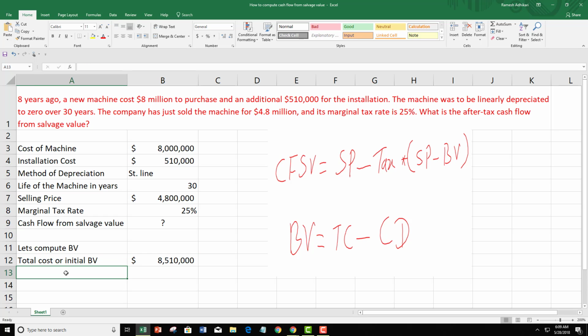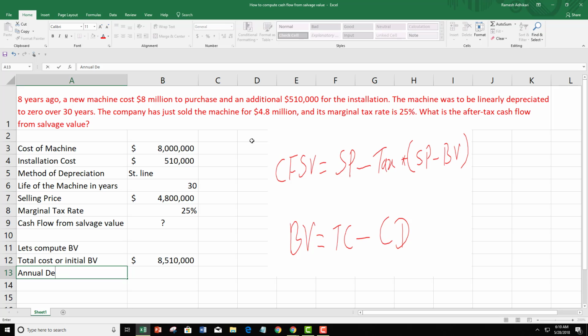So now we need to compute the cumulative depreciation, meaning the machine was purchased and used for 8 years, and during that 8 years there was a depreciation. How much was total depreciation over 8 years? That we have to compute. In order to compute total depreciation for 8 years, we need to compute annual depreciation, right?